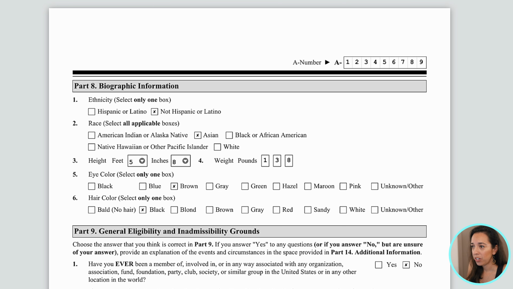Question 4, you're going to enter their weight in pounds. For question 5, eye color, you're going to select only one of the boxes within this list. And similarly, for question 6, you're going to select their hair color from the below list and only select one box.